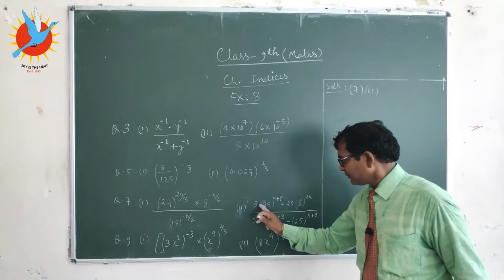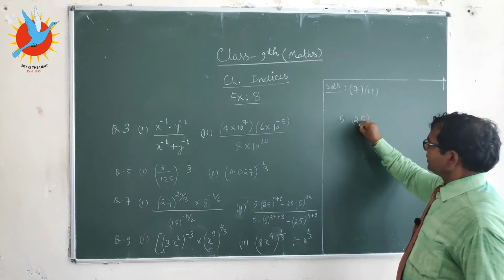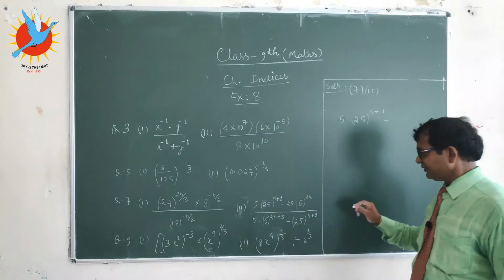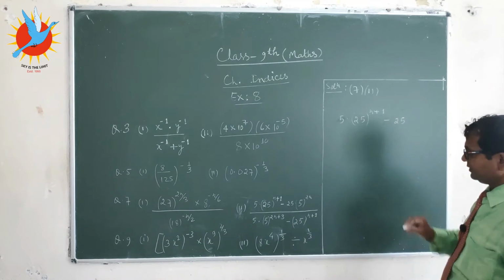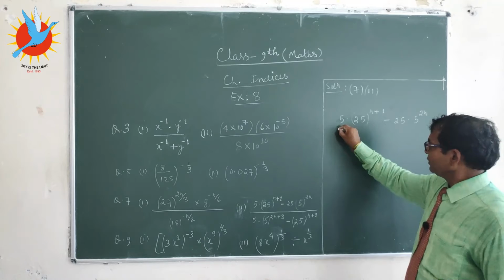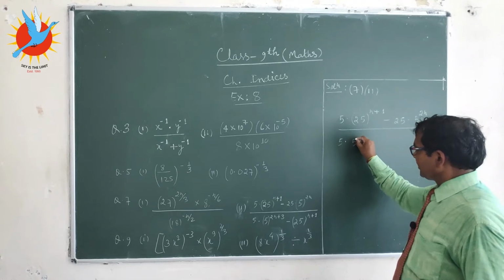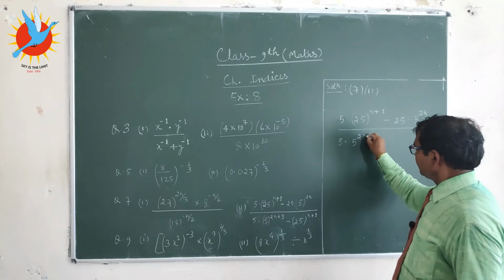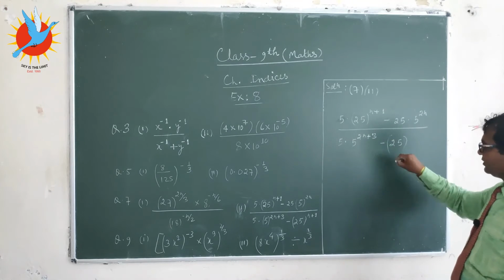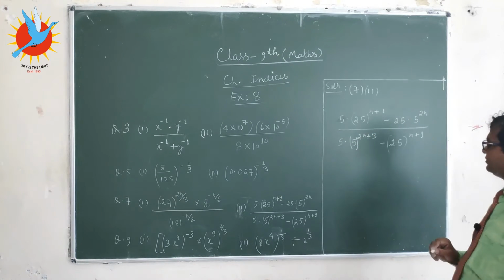This is 5 into 25 to the power n plus 1 minus 25 into 5 to the power 2n over 5 into 5 to the power 2n plus 3 minus 25 to the power n plus 1.